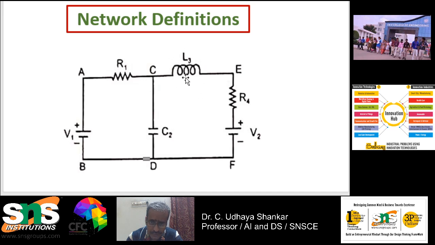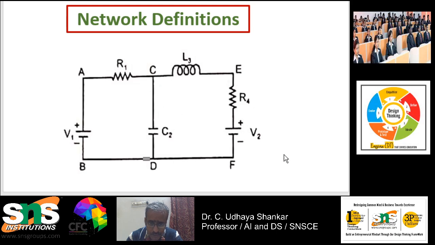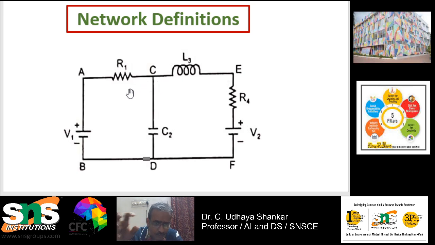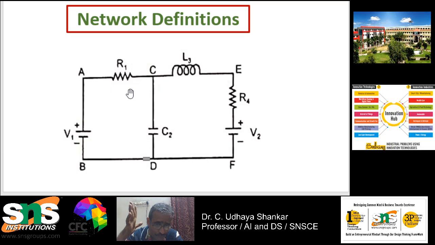This inductance again has two different points, and so it is called a network element. So here you can see 1, 2, 3, 4, 5, 6 network elements. A network element is a circuit element which has only two terminals, which can be connected to other circuit elements. So here there are totally 6 network elements.